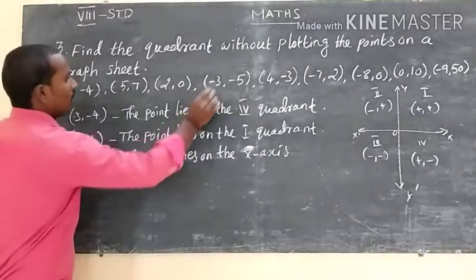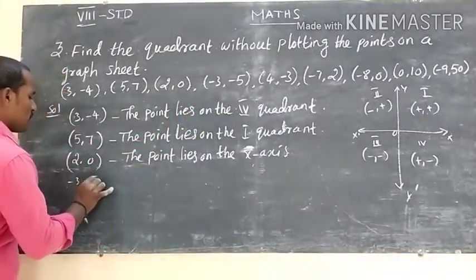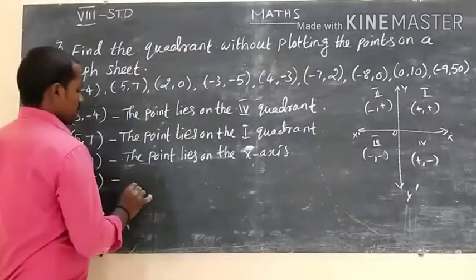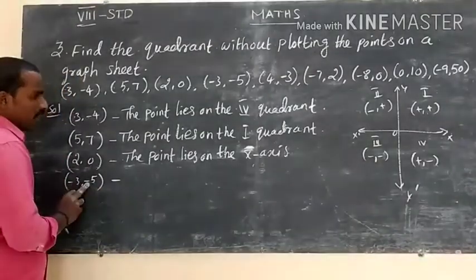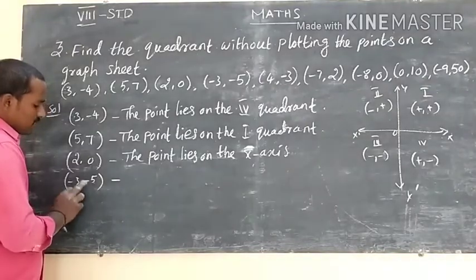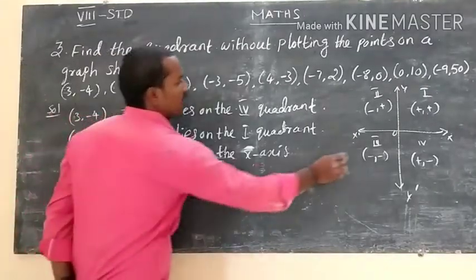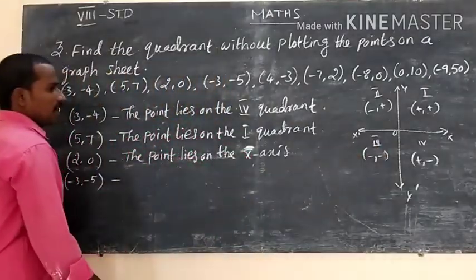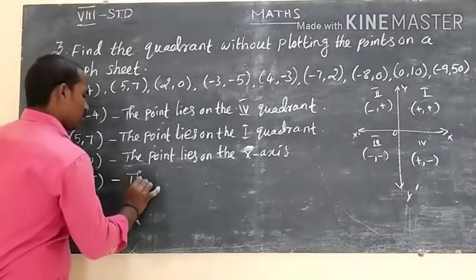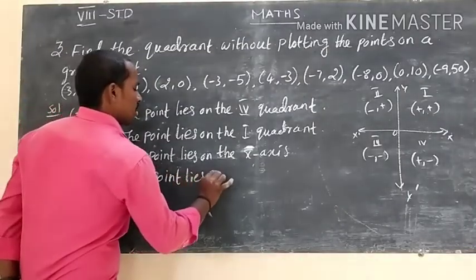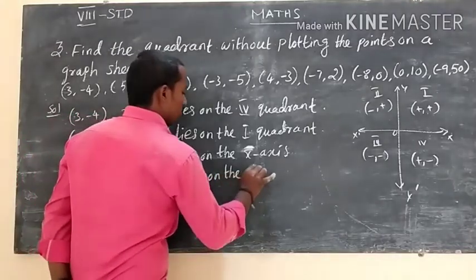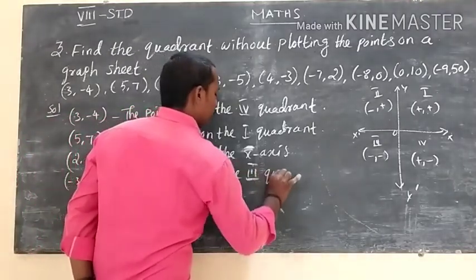Okay. Then (minus 3, minus 5). The two numbers have negative signs. So minus comma minus lies in the third quadrant. The point lies in the third quadrant.